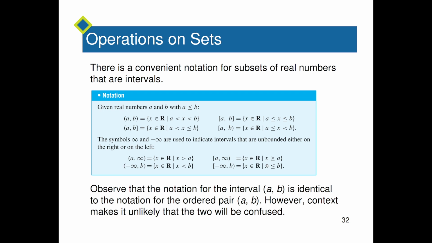This here on slide 32 gives the operations on sets. This open parentheses here is the open interval A comma B, and it's denoted by this over here: X is inside the real numbers, such that X is restricted between A and B. If we have a half open interval, so it's open on A but closed on B, then X is restricted like this.